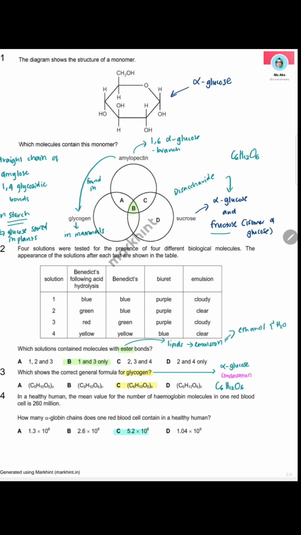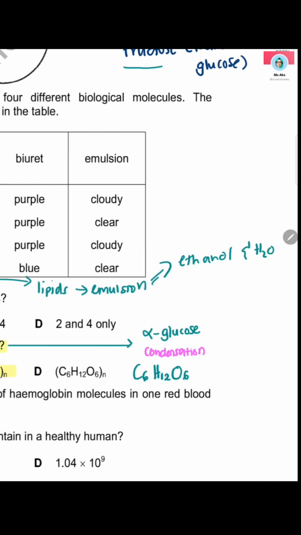Remember, when these alpha glucose are joined together, they undergo a condensation reaction. With a condensation reaction, please remember that water is removed. So I'm going to put there H2O is removed.